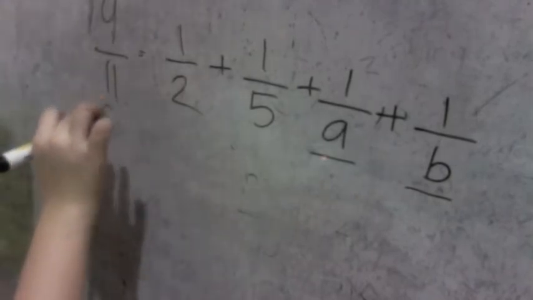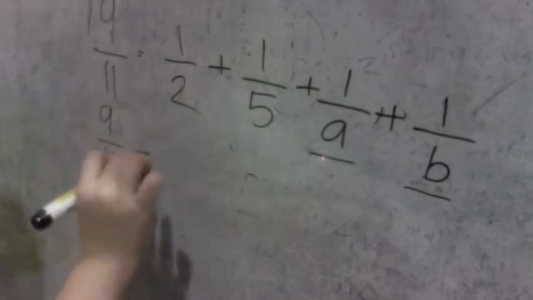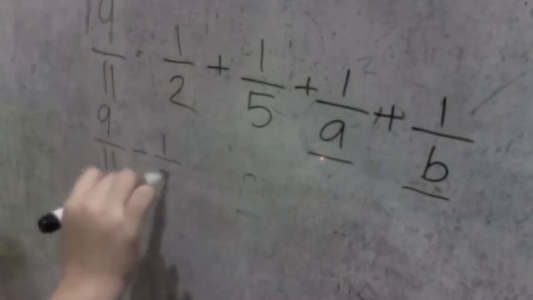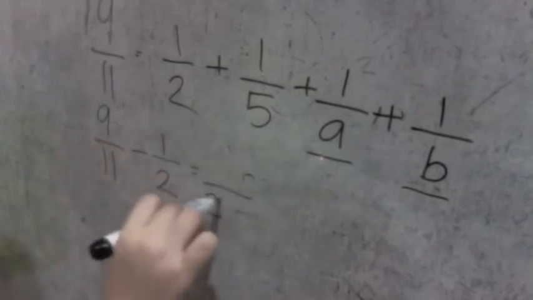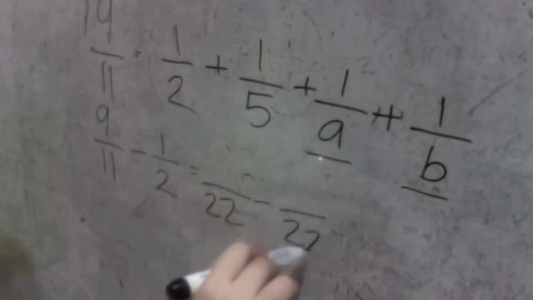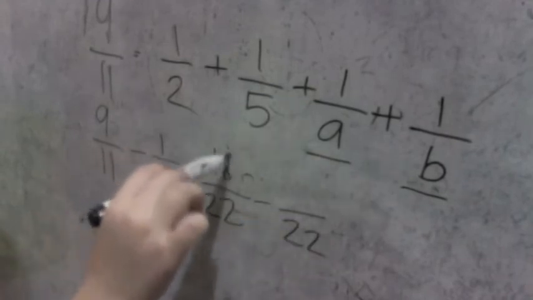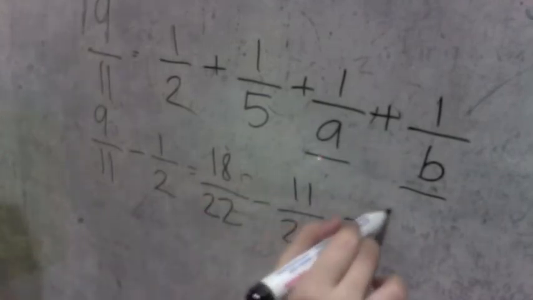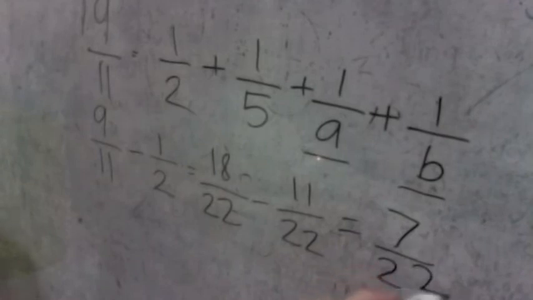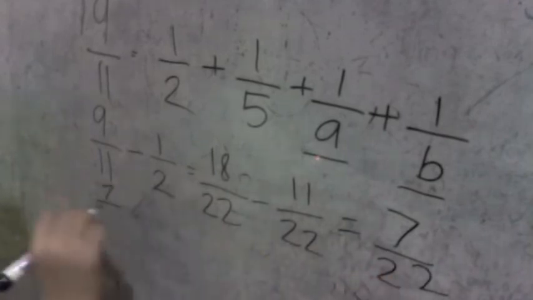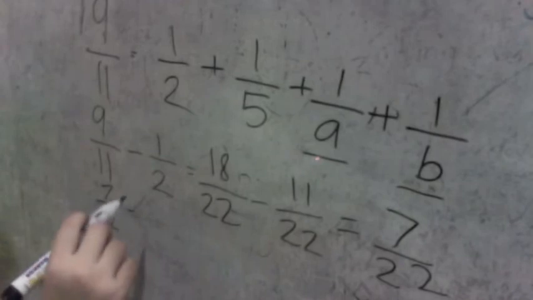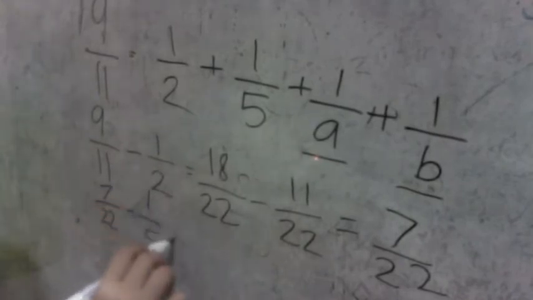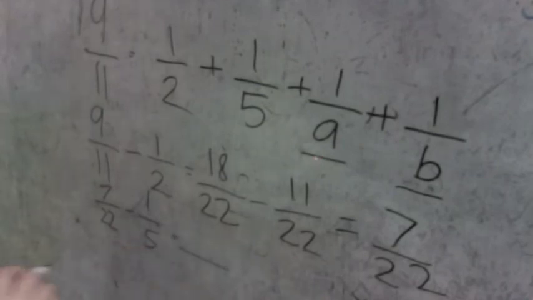So I'm going to subtract 9 over 11 by 1 over 2 and find the common denominator, and it's going to be 18 over 22 minus 11 over 22, which gives 7 over 22. 7 over 22 is going to be subtracted by 1 over 5. And the common denominator is going to be 110.